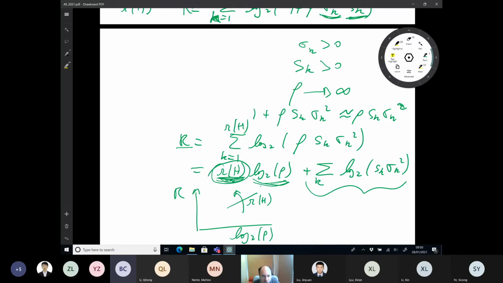If you have SISO, SIMO, MISO, the rank of H is always equal to 1 because you always have scalars or vectors, right? So your rate increases relatively slowly with the SNR. In the MIMO case, because your rank will typically be large, or you hope it's large, the rate will increase much faster with the SNR. And this is called the multiplexing gain. It's essentially the number of interference-free streams you can transmit in the system at high SNR.